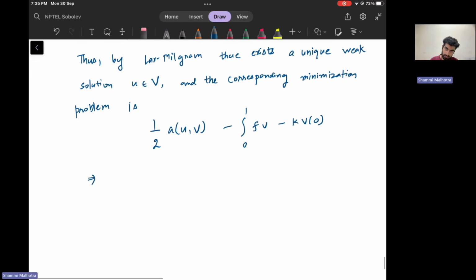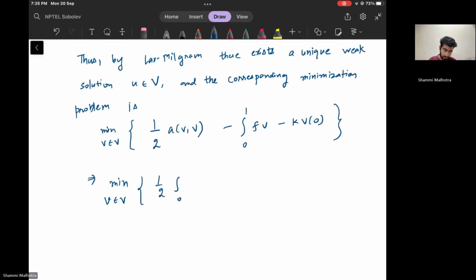This is nothing but minimize J(v) over v in V. So this is half times integration 0 to 1 v' squared plus v squared, minus integration 0 to 1 f v minus k times v(0).